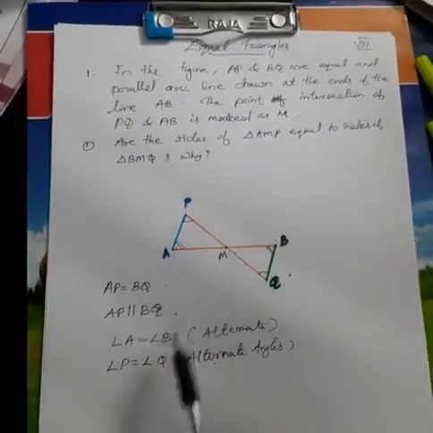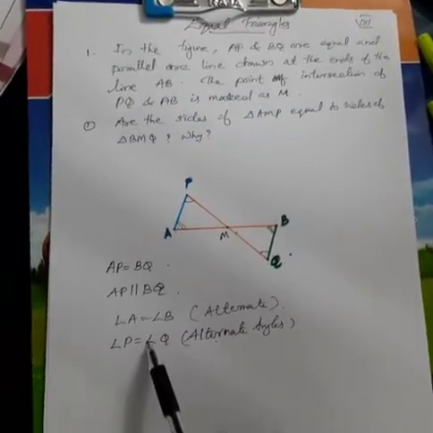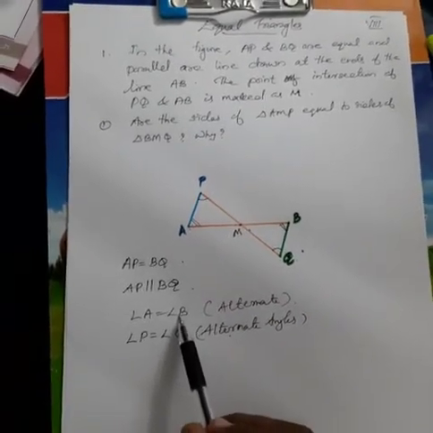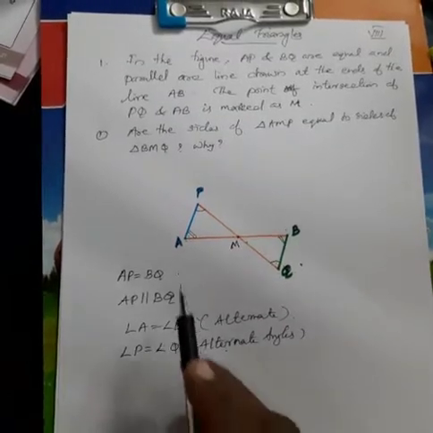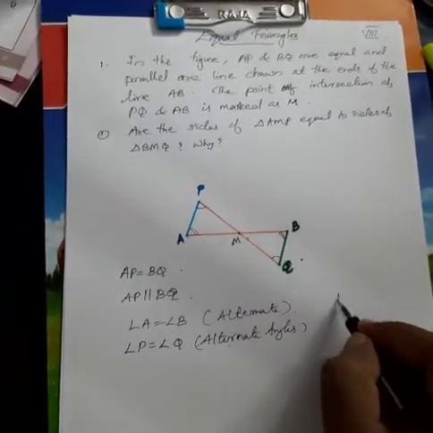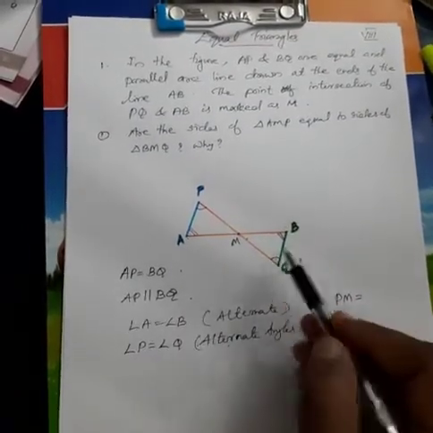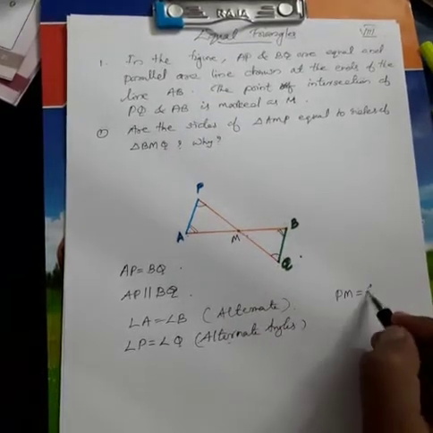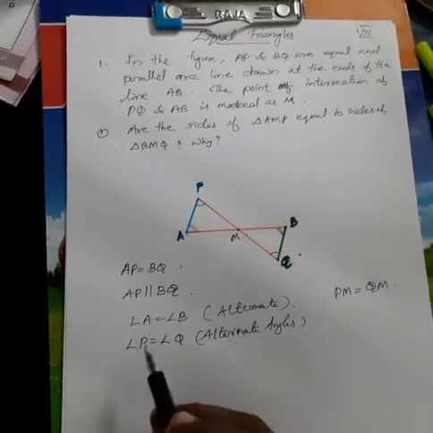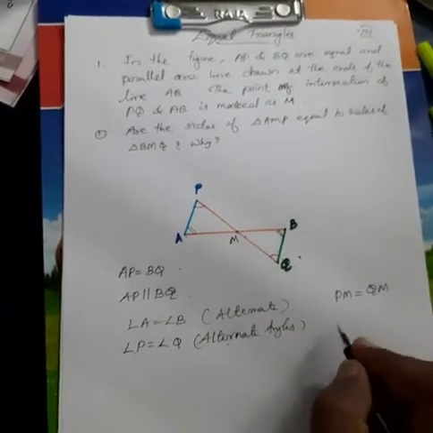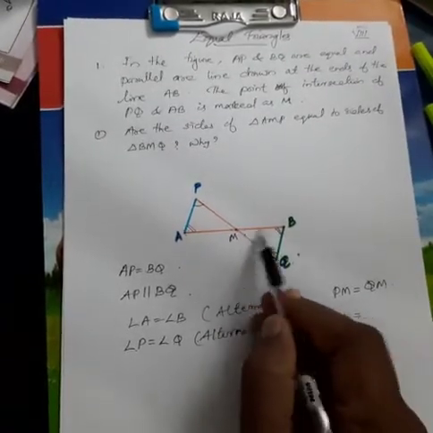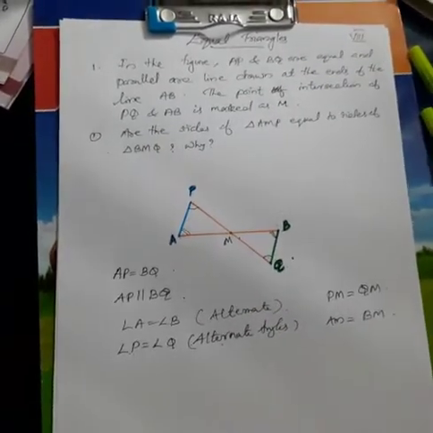Here you got two pairs of angles, and we already studied that if the angles are equal, the opposite sides are also equal. So opposite of angle A, what is that? PM. So PM is equal to, then opposite of B, it is QM. Then opposite of P is AM, which is equal to opposite of Q, which is BM.